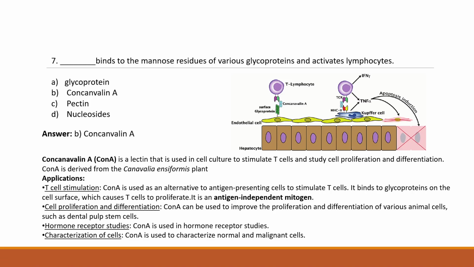So what it does is it is an alternative for your antigen presenting cells. So antigen presenting cells, what do they do? They help in exposing the antigenic part of your antigen, your foreign particle or pathogen or any microbe which is not supposed to be in your body, anything that is foreign to your body.